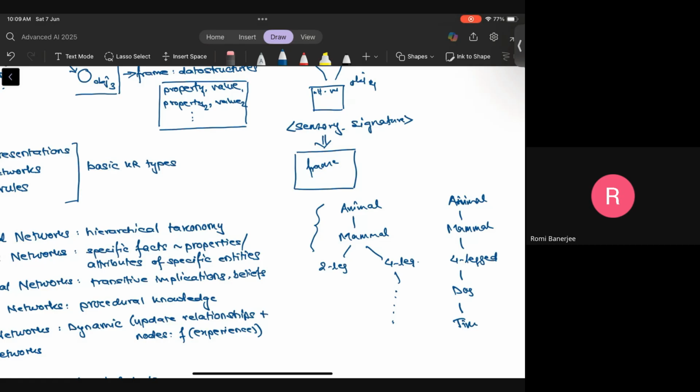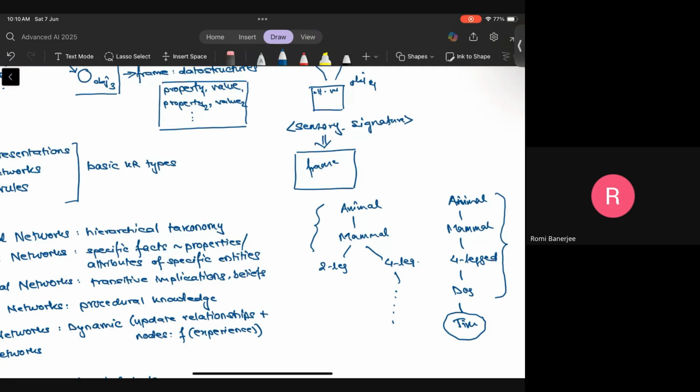Okay, so now what is happening is, given the certain input that we have, this definitional network got connected to a certain fact or a certain instantiation of the object dog, which is Tim.